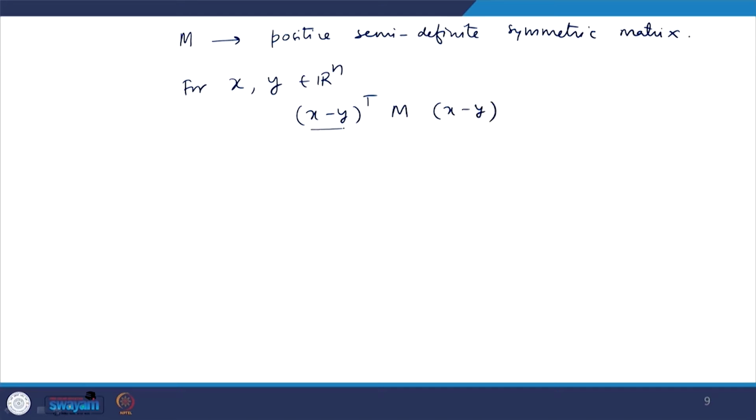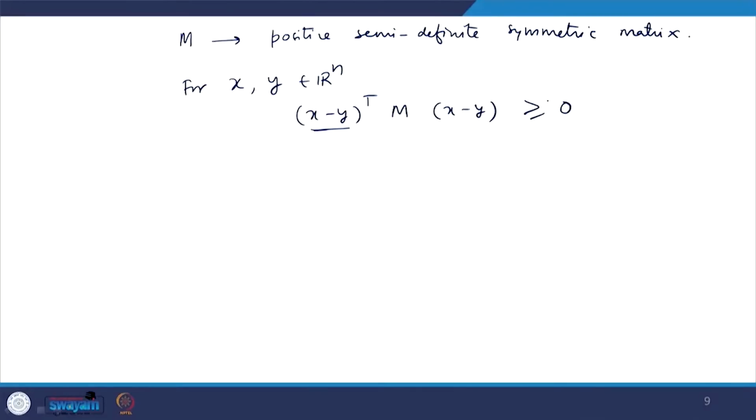See, x minus y is also a vector in R^n, and if M is positive semi-definite, then x transpose M x is always greater than or equal to 0 for any x in R^n, and x minus y is also a vector in R^n. So for this also it is greater than or equal to 0.